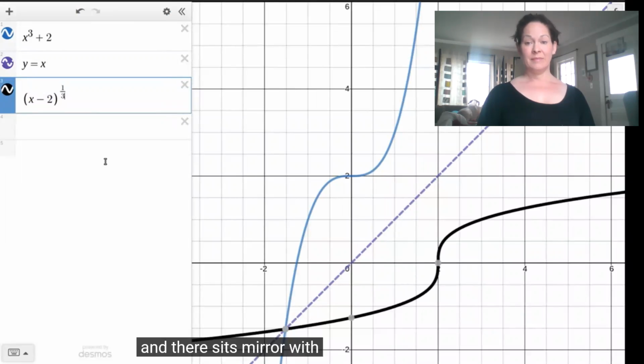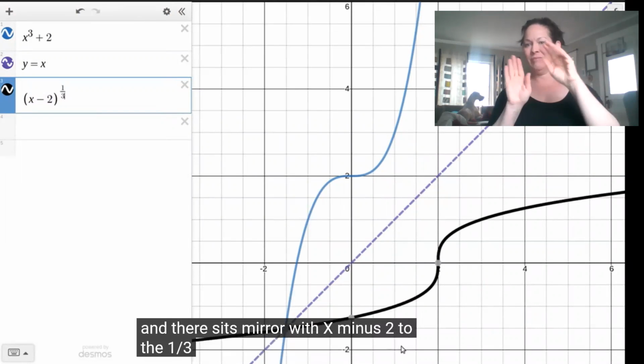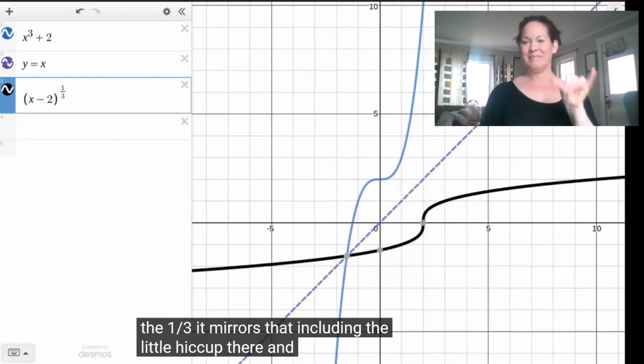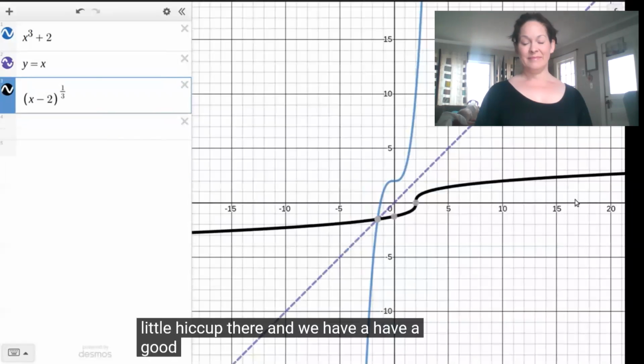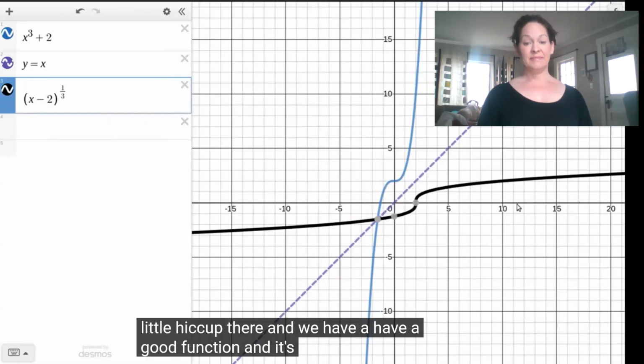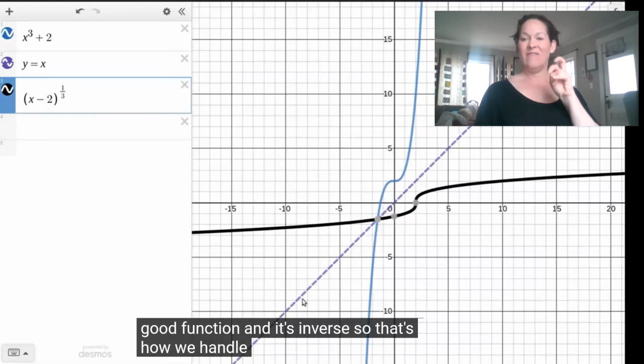And there's its mirror with x minus 2 to the 1/3. It mirrors that, including the little hiccup there. And we have a good function, and its inverse. So that's how we handle roots.